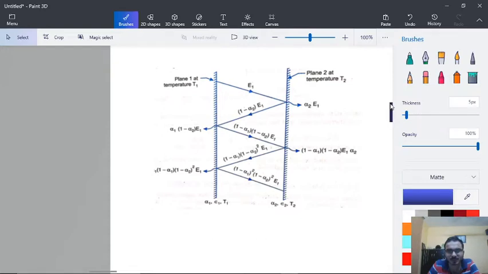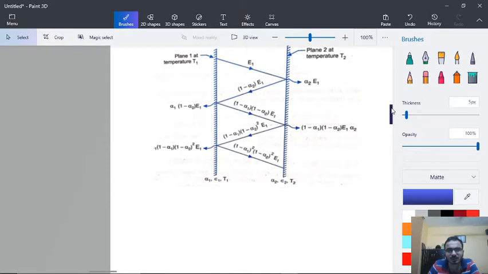We have already done enough discussion on this figure, and now we will quickly work on the analysis part.